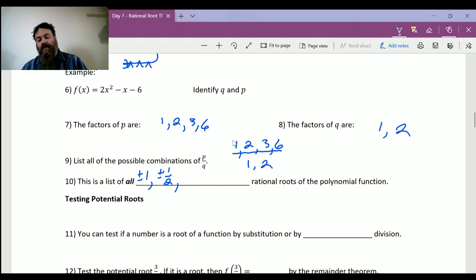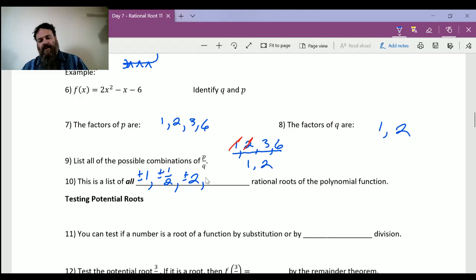We've taken care of the 1, so we don't have to worry about that one anymore. And we'll keep going. 2 over 1, so we have positive, negative 2. Positive, negative 2 over 2, that's 1. We already did that one, so we can just ignore that.